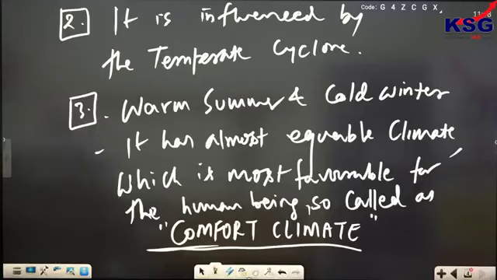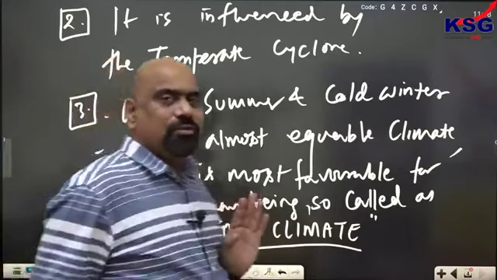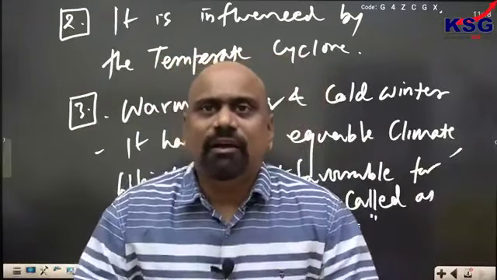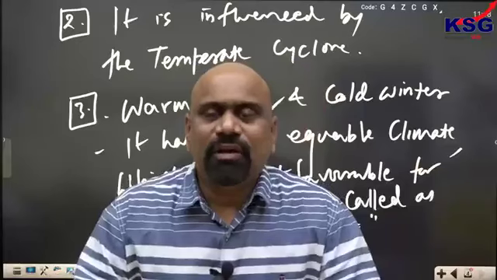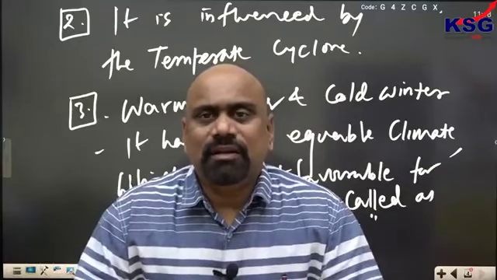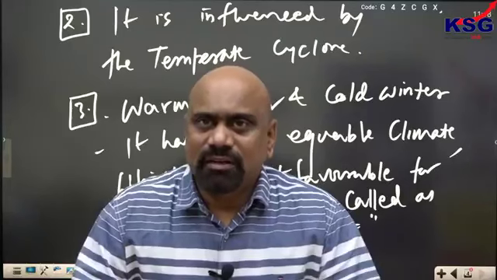Cyclonic activities may lead to the rainfall, I told you. So the rainfall will be more at the coast, and if you go towards the interior part, the intensity gradually decreases. At the coastal area, the rainfall may go up to 100 centimeters. In the interior part, it goes to even 50-60 centimeters.